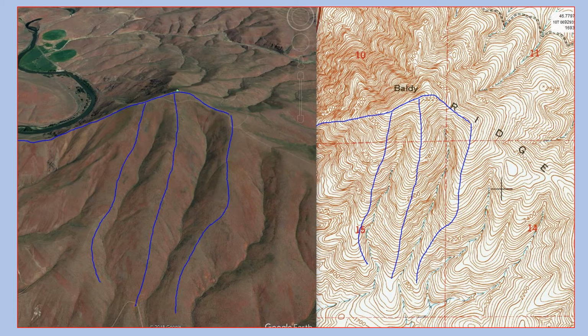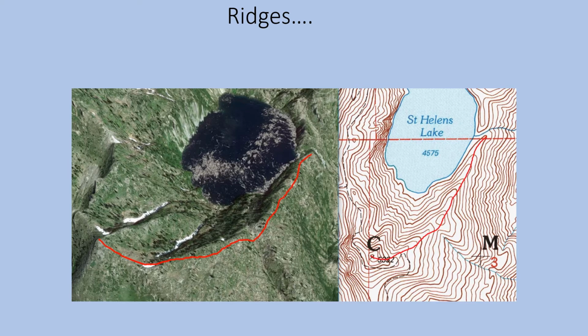While the blue lines are not exactly on the spines of the ridges, you can see that the contour lines on the spines of the ridges form V-shapes pointing downhill. And in the draws of the intermittent streams, the contour lines form V-shapes pointing uphill, up the draw. Contour lines point down the ridge and up the stream.